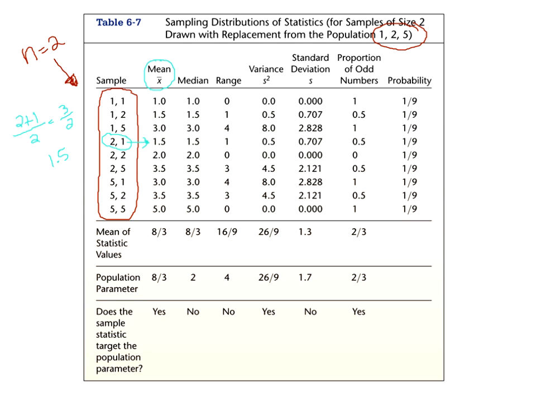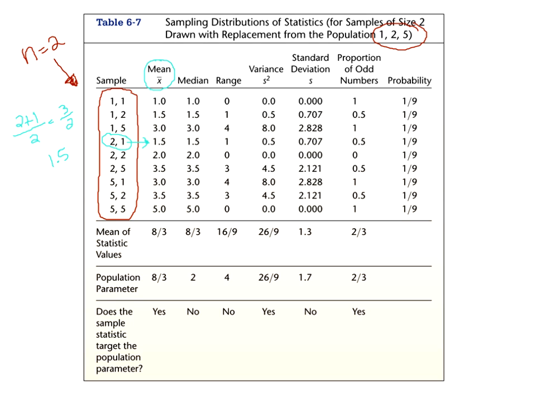So the average for that is 1.5. So that's why you see the mean as 1.5. So you're going to take every sample and find the mean, and then that's the next column that you see. That's this column with the happy face over it. So every sample, you would calculate the mean, and then that is the column that we see.